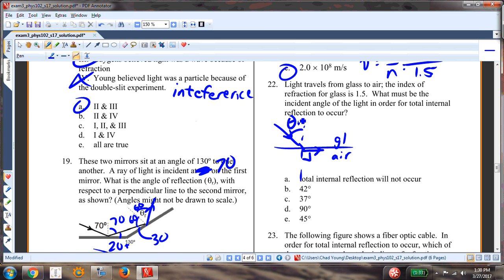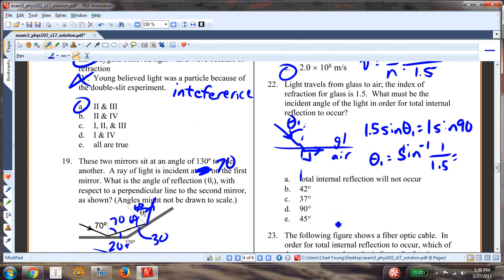I want to know this angle, theta 1, so I say 1.5 sine theta 1 equals 1 sine of 90. And so theta 1 equals inverse sine of 1 over 1.5. And let's see, I get 42 degrees. So B is number 22.